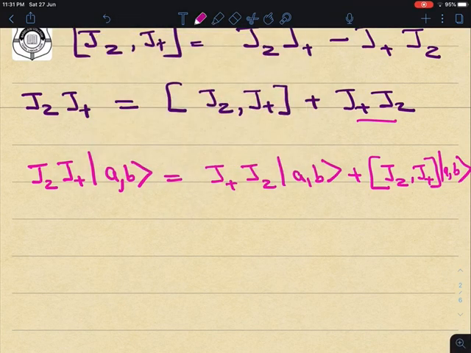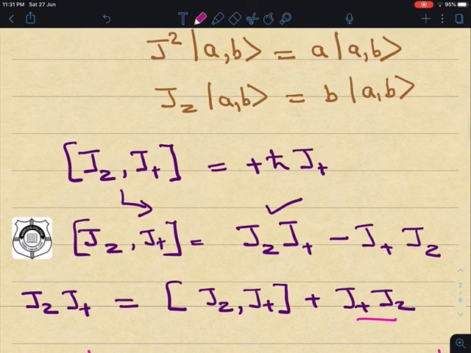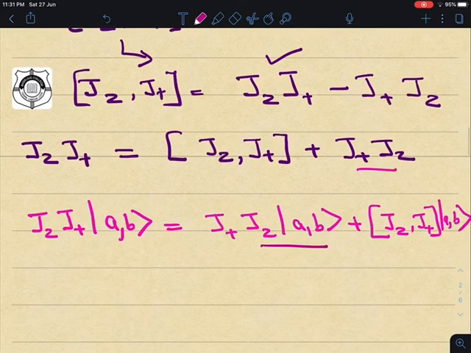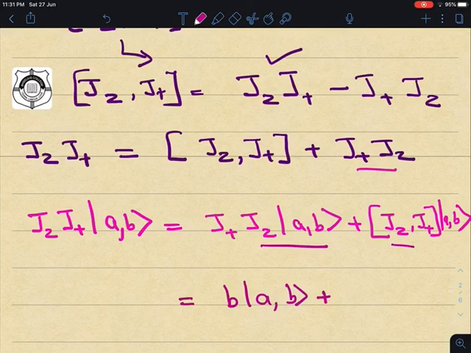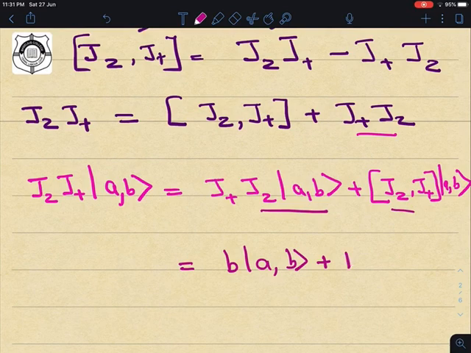Now we know that Jz acting on ket ab, that we have written here, is nothing but b times ket ab. So this you can write as b times J plus ket ab plus, what is this? The commutation of Jz and J plus, we have seen that it is equal to plus h cross J plus. So you can write it as h cross J plus ket ab.